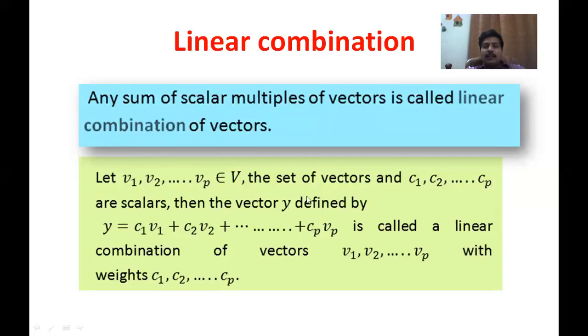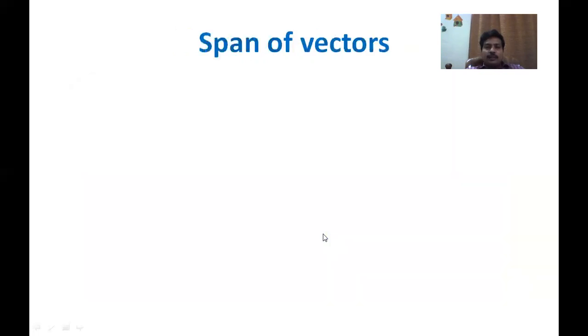Then any vector y defined by y = c1v1 + c2v2 + ... + cpvp is called the linear combination of the vectors v1, v2, and so on, vp with the weights c1, c2, and so on, cp. So any vector which can be formed using these vectors by this notation is called a linear combination.